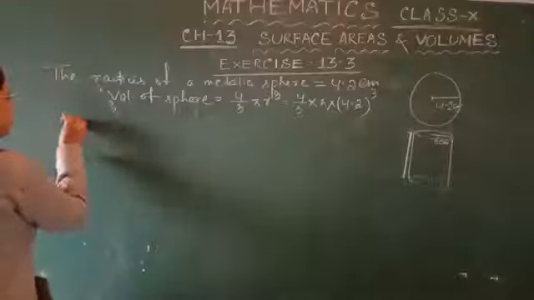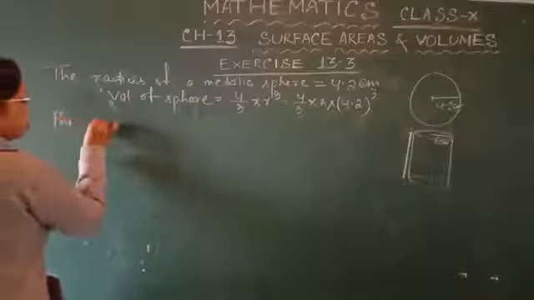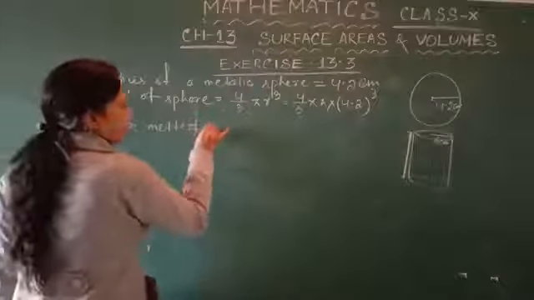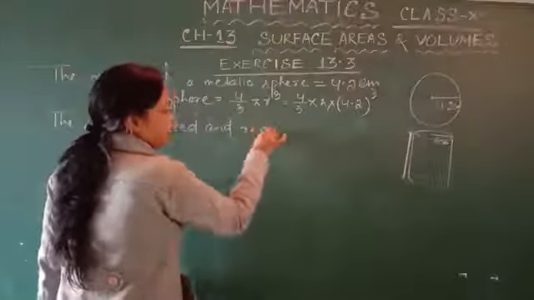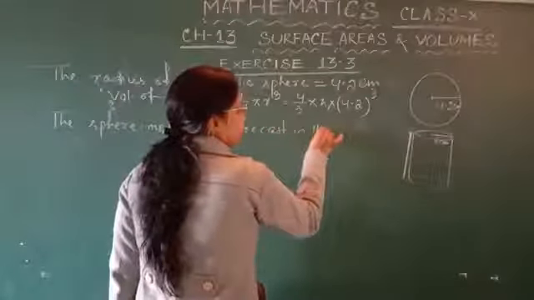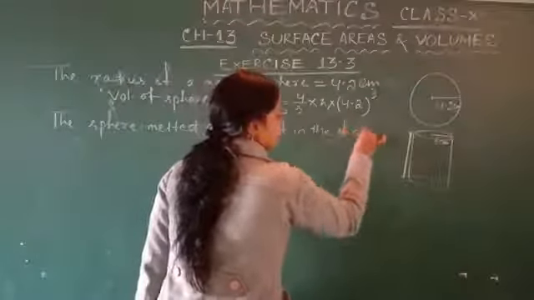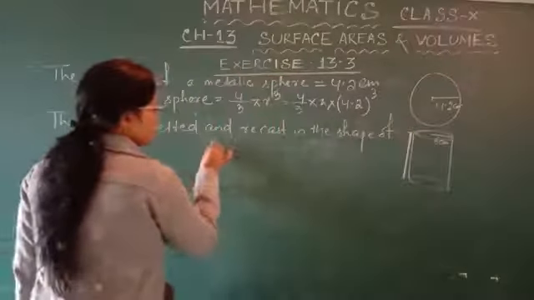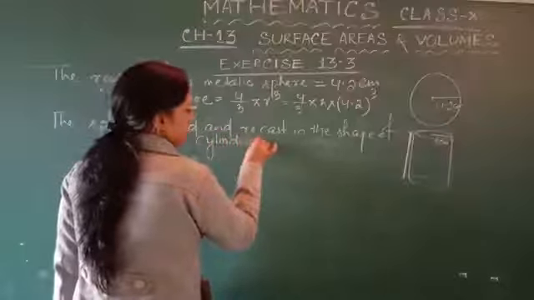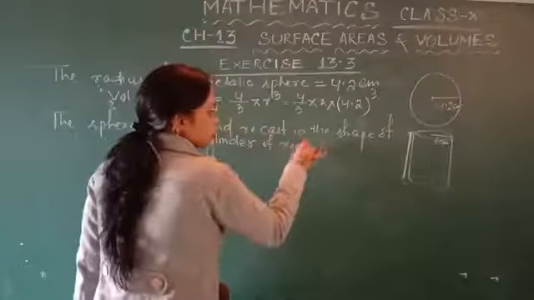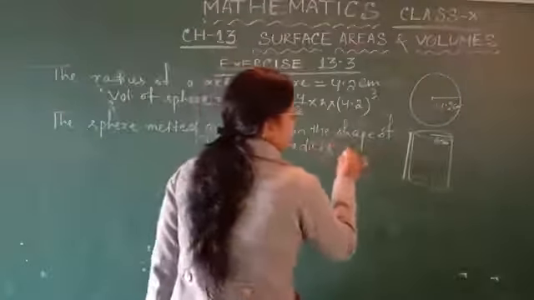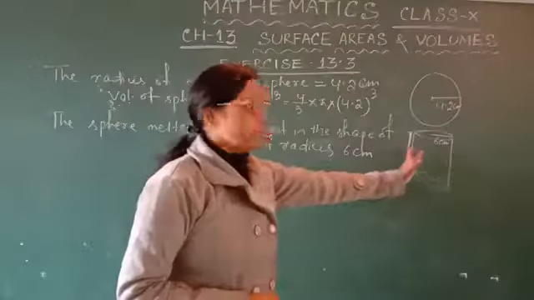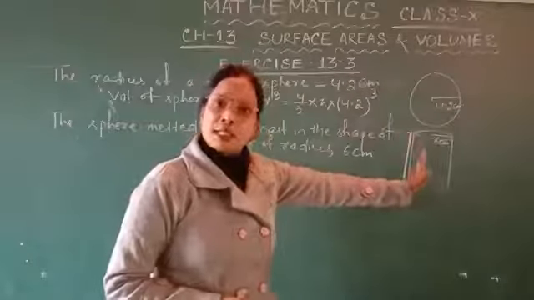So here you write: the sphere melted and recast in the shape of a cylinder of radius 6 centimeter. That means the new cylinder has radius 6 centimeter.